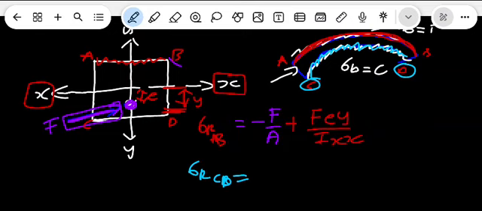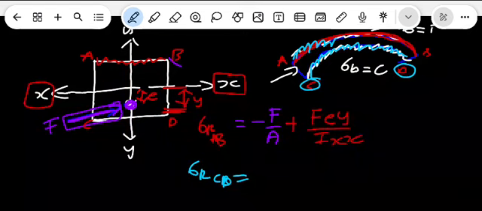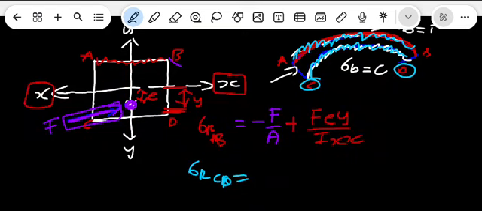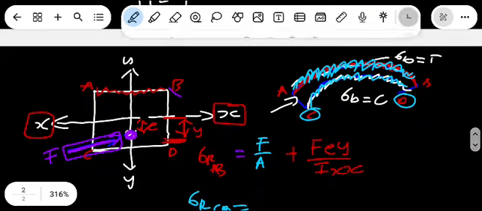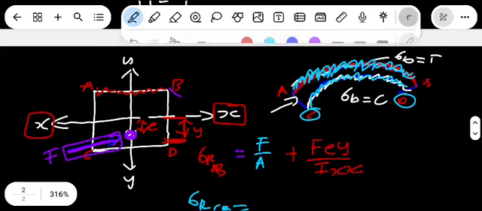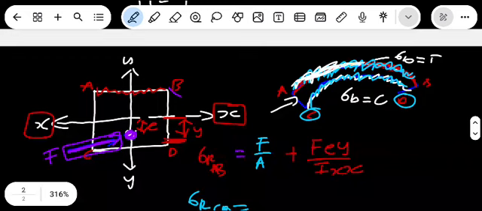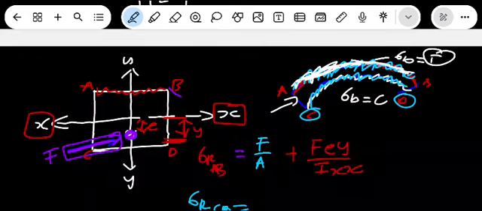Oh sorry guys, here it's tensile, so that is positive at AB. Sorry about that silly mistake. When it's forming like that, this portion here is tensile, and then this is compressive.